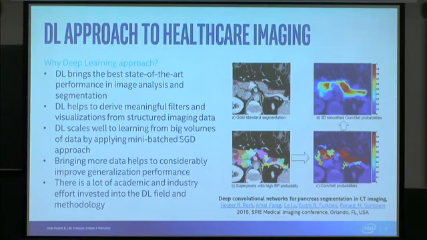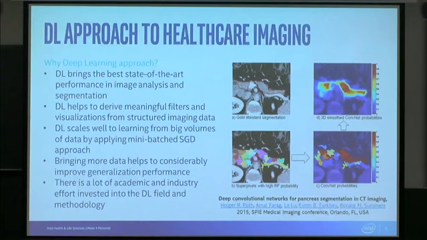Also, deep learning scales well with the training images. It takes a lot of time, but you can feed in a huge amount of images. We only care about how many images per second, per watt we can process. Bringing more data obviously helps to generalize better.